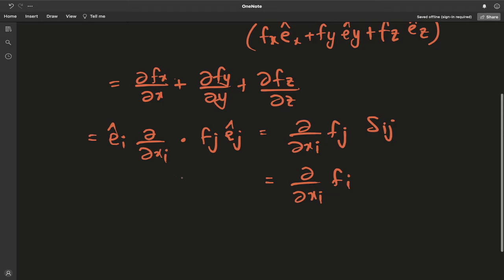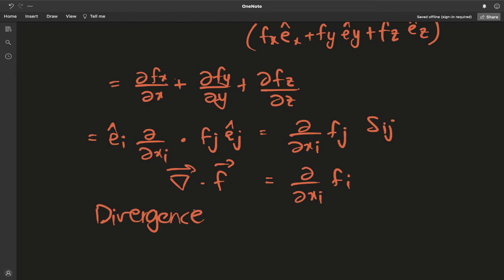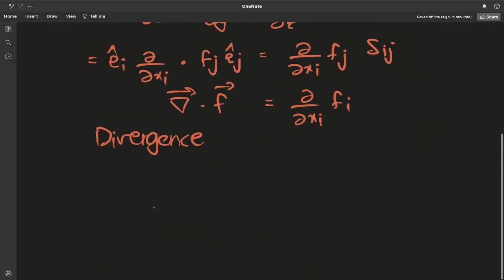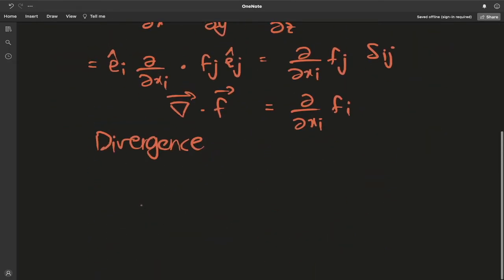So that's this quantity, which we will now call the divergence of the vector field f. Now we know how to calculate it. So how do we visualize this? Well, it's hard to visualize now because we haven't yet covered Gauss's theorem, but think about it this way.